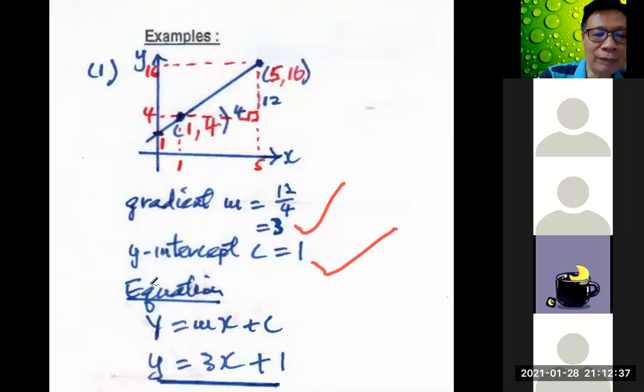To give the equation of the straight line, use this formula, the straight line formula: y equal to mx plus c. m is the gradient, c is the y-intercept. So m is 3, c is 1. So it becomes y equal to 3x plus 1. So y equal to 3x plus 1 is the equation for this line, the name for this line.